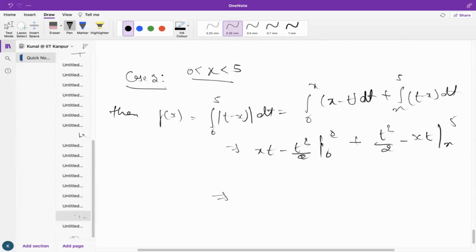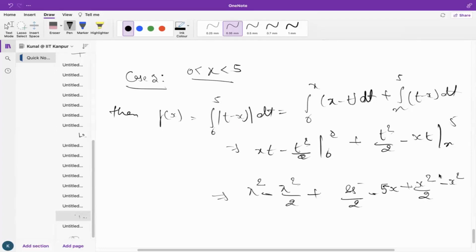Right. So when I insert the limits in it, what do we get? We get x square, because I insert x in it, minus x square by 2, plus 25 by 2 minus 5x plus x square by 2 and minus x square.